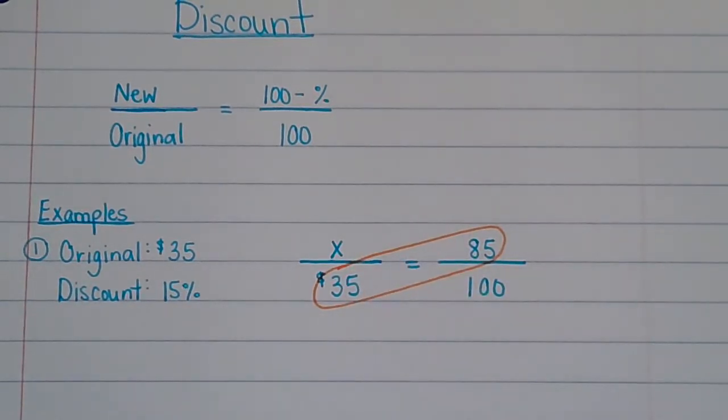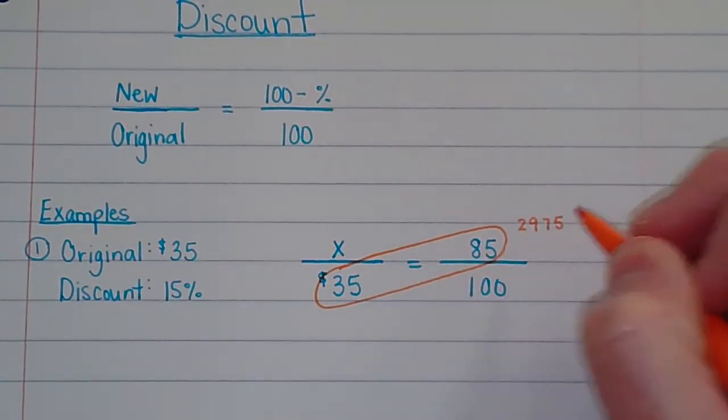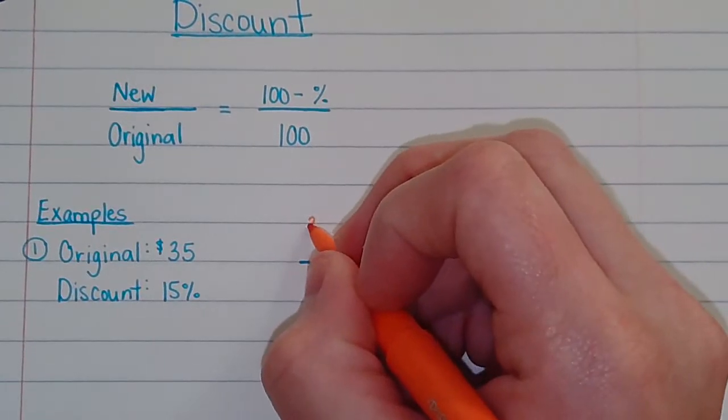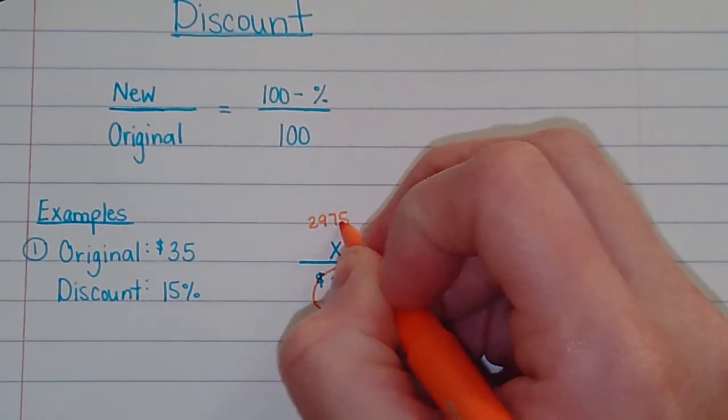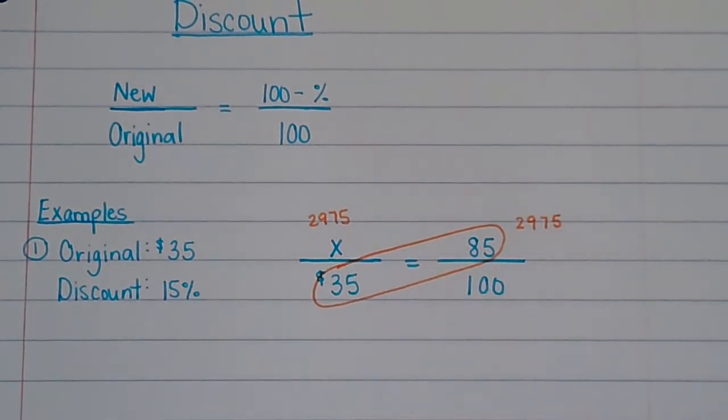Remember, use your calculator. So if we do 35 times 85, we get 2,975. Remember, that's important because it's a proportion, so that tells me that this side also needs to equal that. So now I'm going to do 2,975 divided by this 100, and I get 29.75.